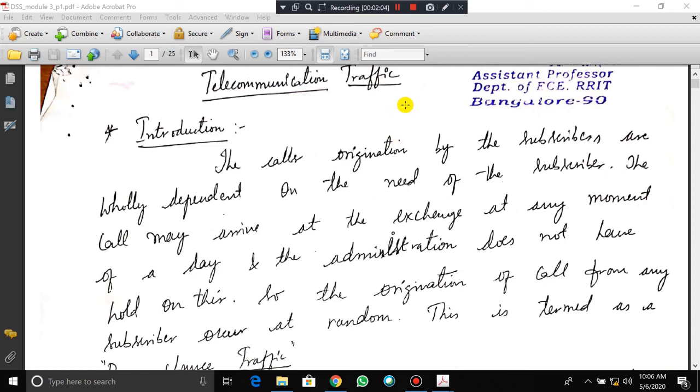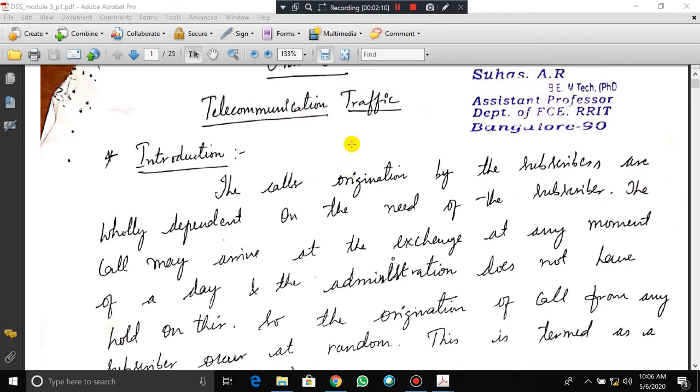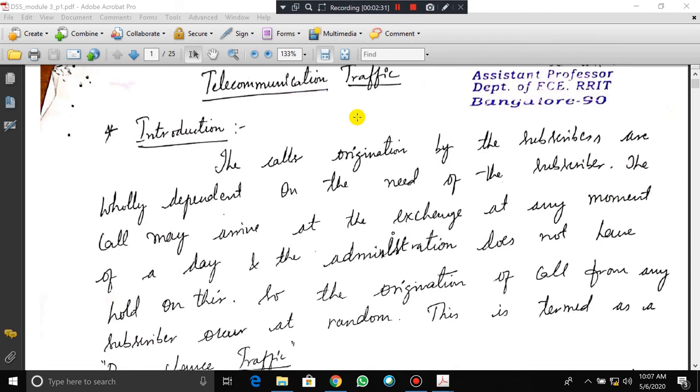We know in general what traffic means, but in telecommunication, traffic means the number of calls occurring in a period of time. If you consider a period of time, and more calls occur in it, we consider the traffic to be high.